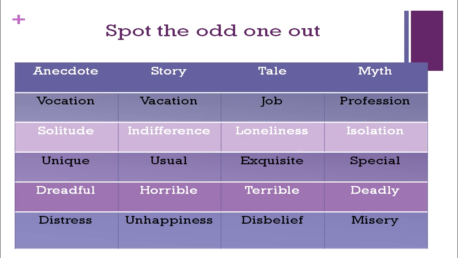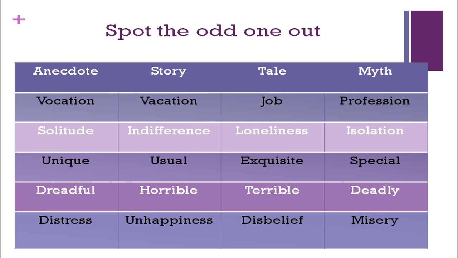Next category is vocation, vacation, job, profession. Next category is solitude, indifference, loneliness, isolation. Then unique, usual, exquisite, special. Next is dreadful, horrible, terrible, deadly, distress, unhappiness, disbelief, misery.